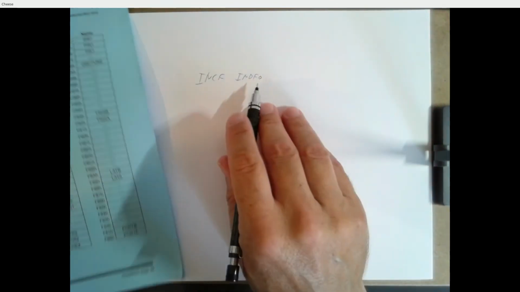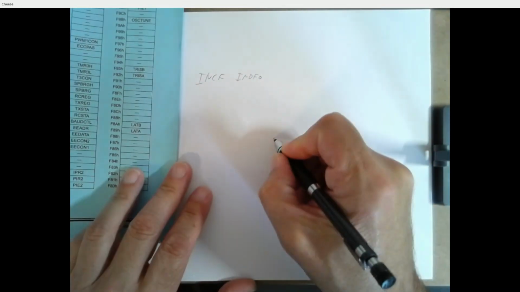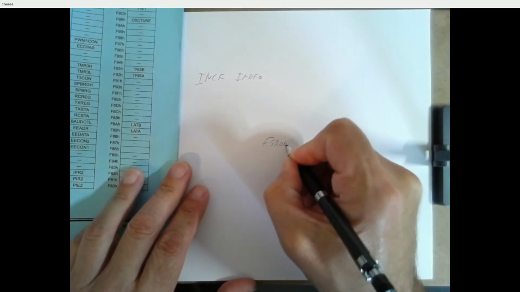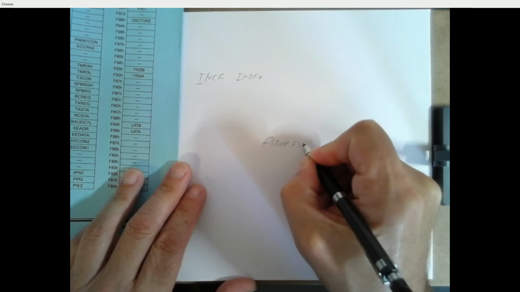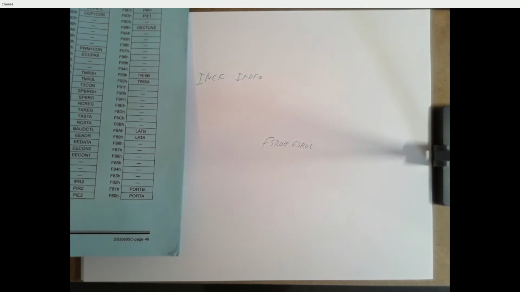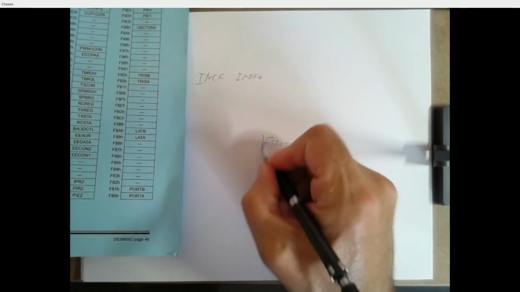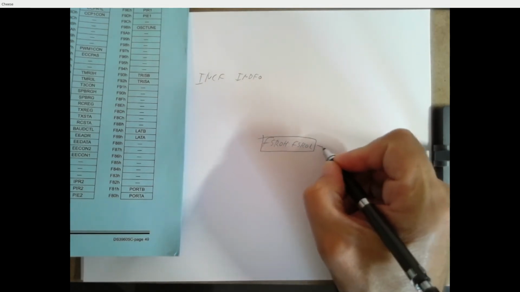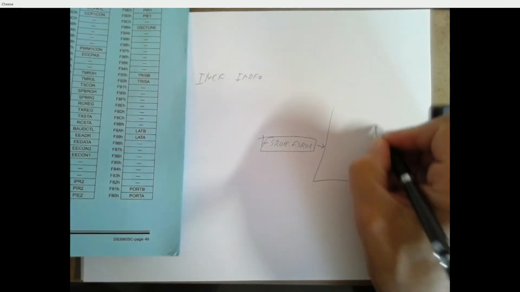So what does happen when we say increment INDF0? The following very strange thing. We have FSR0H and L, so collectively think of it as a 16-bit register. These two registers refer to a location in our data memory.